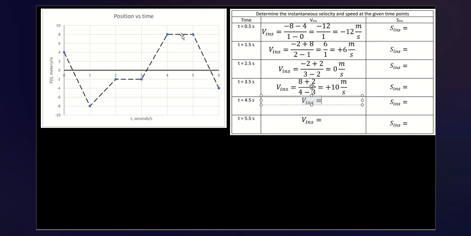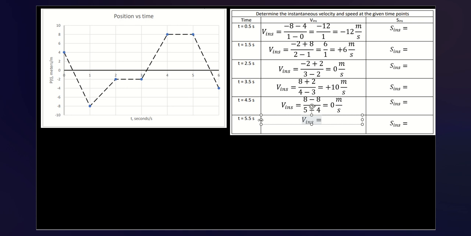So what that's going to be is our final y-coordinate of +8 minus our initial y-coordinate of +8. And then we'll divide that by our x-coordinates, which the final one is 5, minus the initial one of 4 seconds. So 8 minus 8 is 0, 5 minus 4 is 1, 0 divided by 1 is just 0, of course, 0 meters per second.